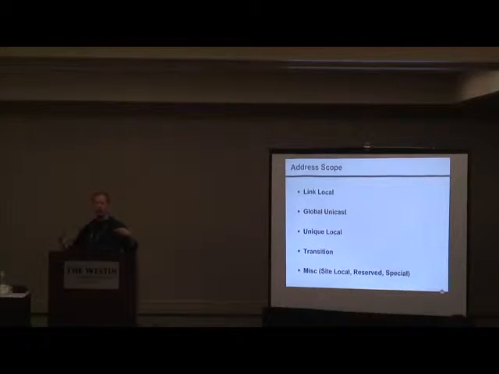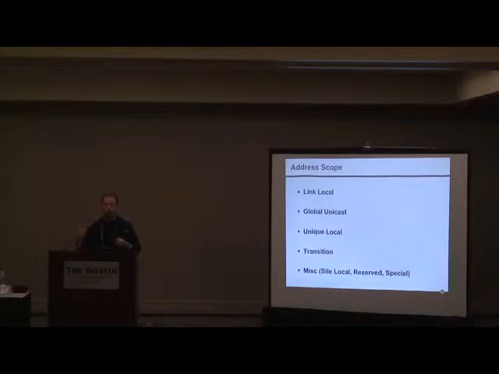Scopes say where that address is relevant. Types say what kind of sender, what kind of receiver. Is it one-to-one, one-to-many? Scope says where do I send it? Link local is essentially your local or broadcast domain. Global unicast, which is public address space.